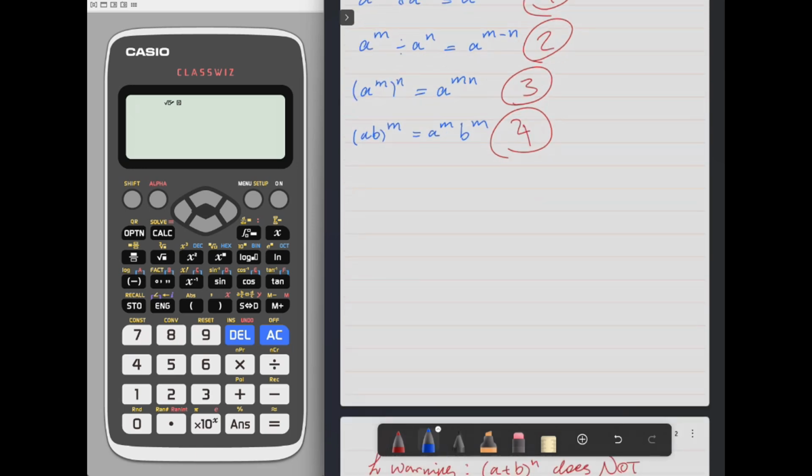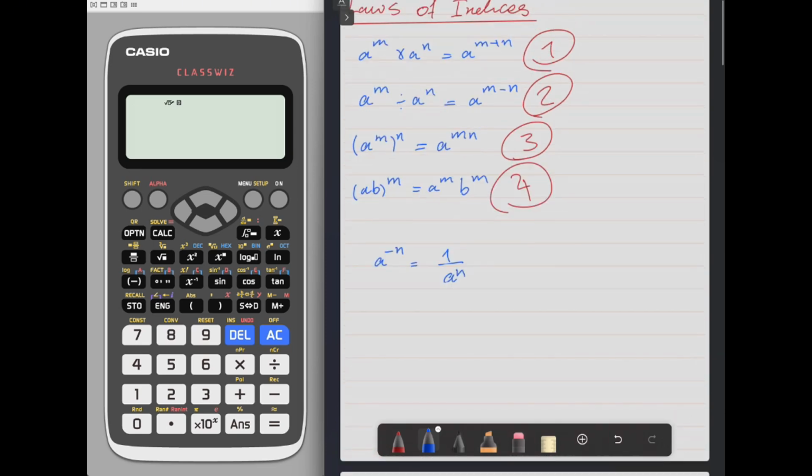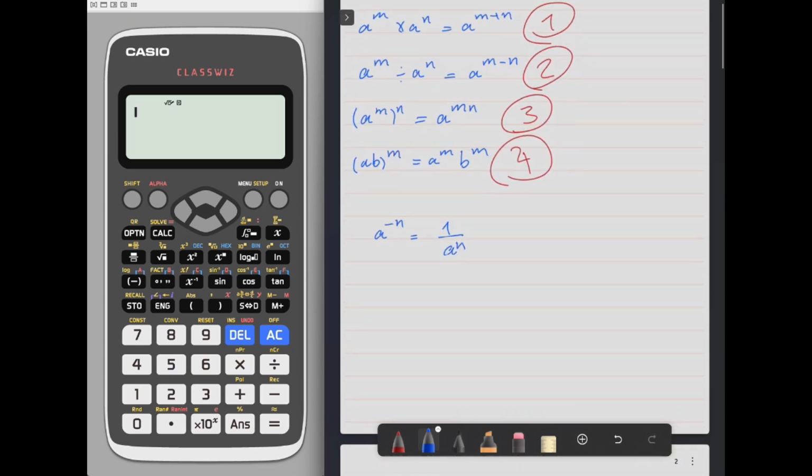A little further in this chapter, we're going to know that a to the power of minus n is going to be equal to 1 over a to the power of n. And so, I'm going to look at the second law again. a to the power of m divided by a to the power of n.